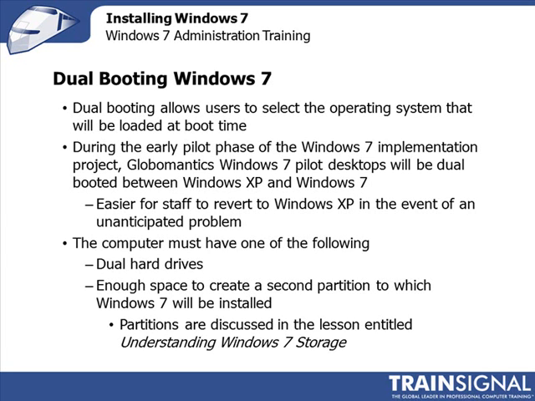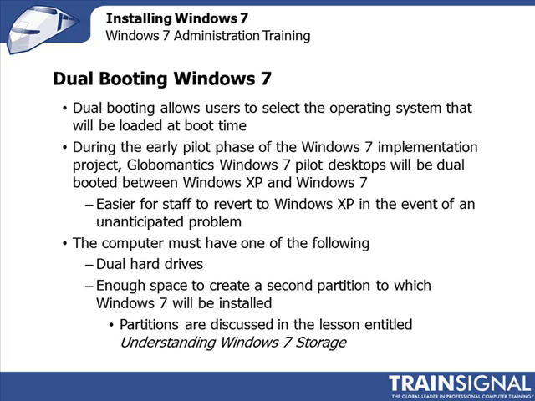Dual booting allows users to select the operating system that will be loaded at boot time. During the early pilot phase of Global Mantrix's Windows 7 implementation project, the company is going to use this dual booting mechanism between some Windows XP and Windows 7 systems. Again, this will make it easier for staff to revert to Windows XP in the event of an unanticipated problem.